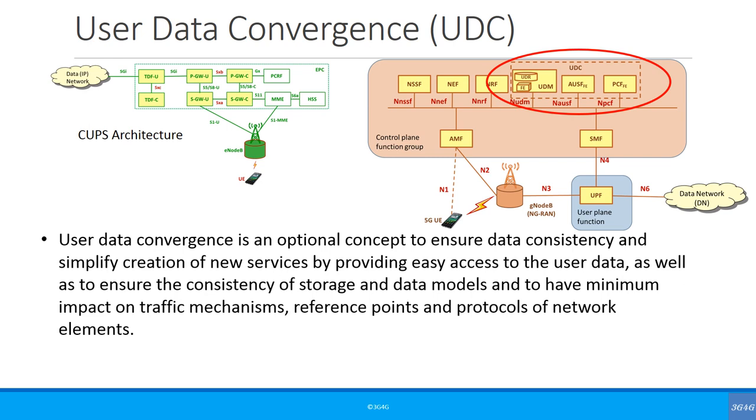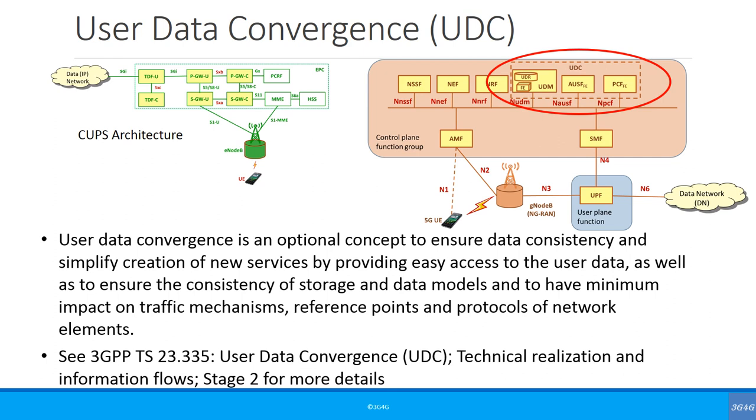So the user data convergence is an optional concept to ensure data consistency and simplify the creation of new interfaces and new services by providing easy access to the user data, as well as to ensure the consistency of storage and data models and to have minimum impact on traffic mechanisms, reference points and protocols of network elements.